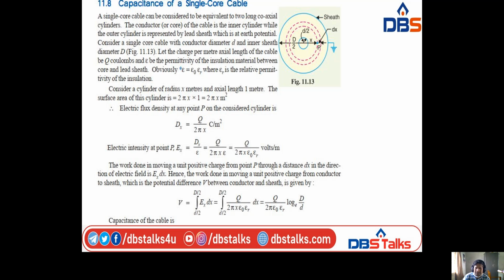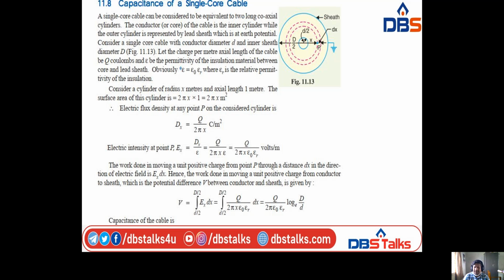Obviously, epsilon is epsilon naught times epsilon r. Epsilon naught is 8.854 into 10 power minus 12, whereas epsilon r is the relative permittivity of the insulation. Now consider a radius of small x meters, from the center of the conductor to a point P, with length L meters.